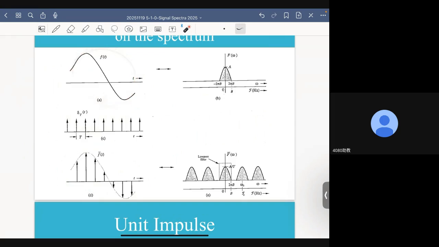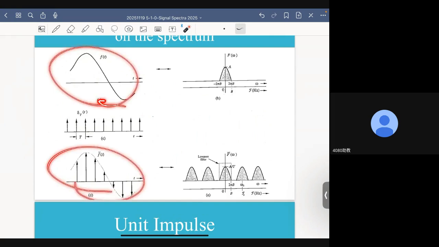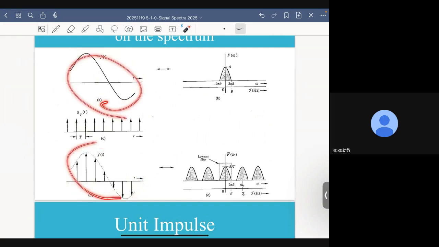Because before sampling, my signal actually has an infinite number of points. After sampling, I only have a finite number of points. How can I recover an infinite number of pieces of information from a limited number of samples? How do I do that?